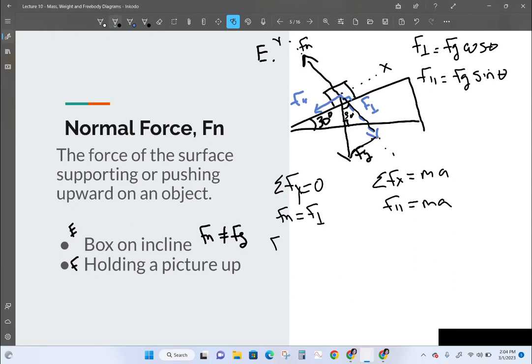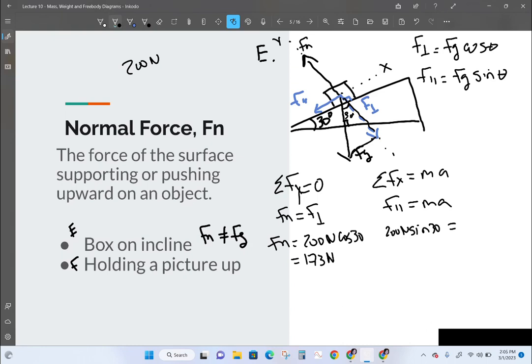So if I want to know Fn, I'm just going to find F perpendicular, which is going to be the weight, and this is still a 200 Newton box. So 200 newtons times the cosine of 30 is going to be 173 newtons. And F parallel is going to be, just plugging in for my equation up here, 200 newtons times the sine of 30.